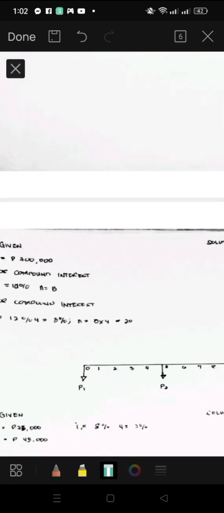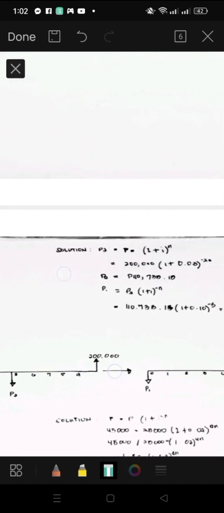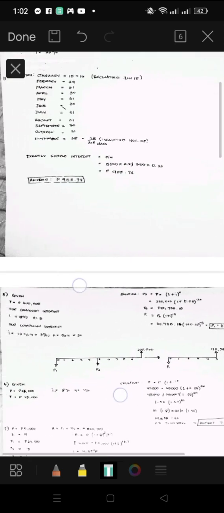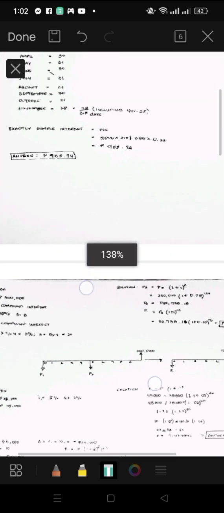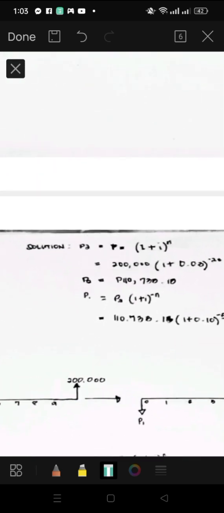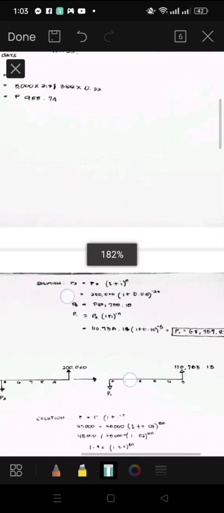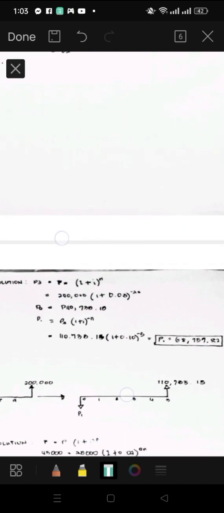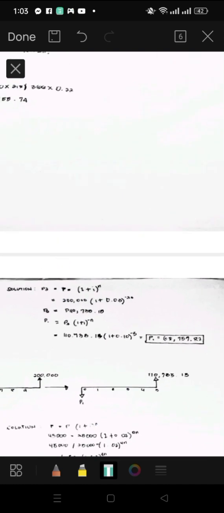To further understand the flow of money, P1 is the unknown principal at time zero. In year 5 there is P2, and in 10 years it will be 200,000.